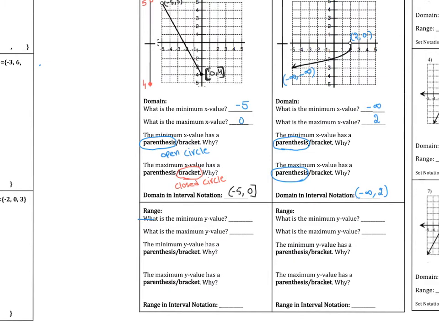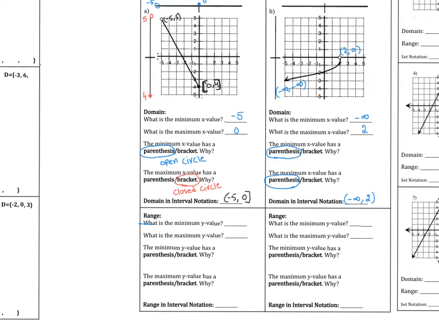Now let's talk about the range of these two functions. For the range, I'm going to see the y values of the function. I'm going to see what the maximum value for y is and what the minimum value for y is. In this case, the minimum value for y is -4, and the maximum value is 5.